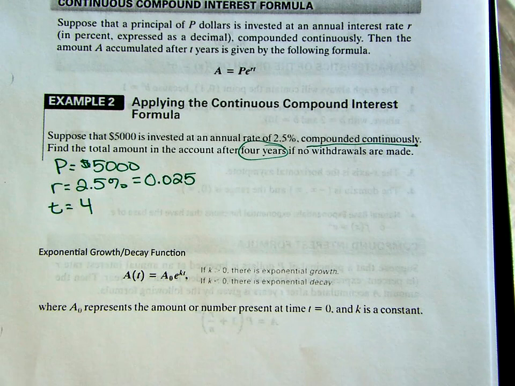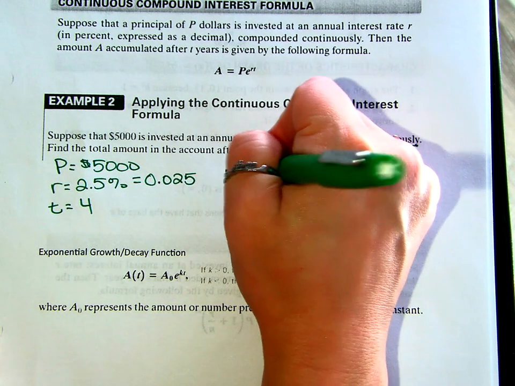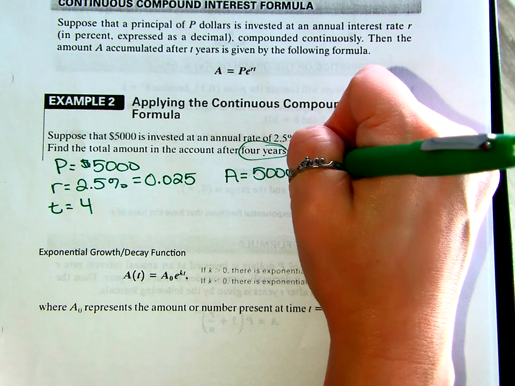And we're not missing anything because we have the E to compound continuously. We have all of our bits and pieces except for our A, which is what we're going to find. Our A equals our principal times E raised to our rate times our time.